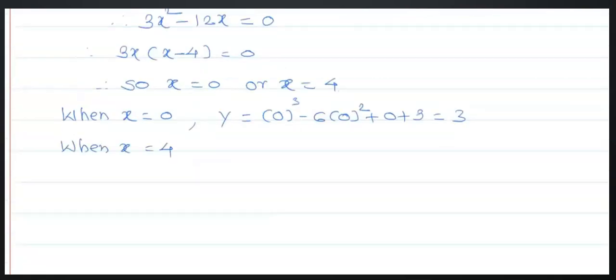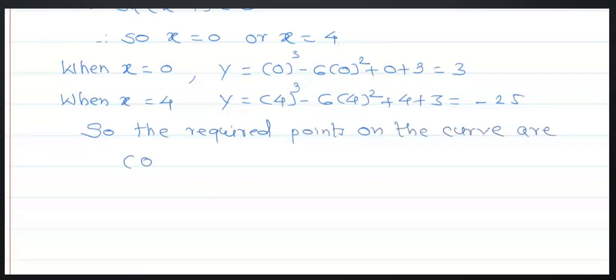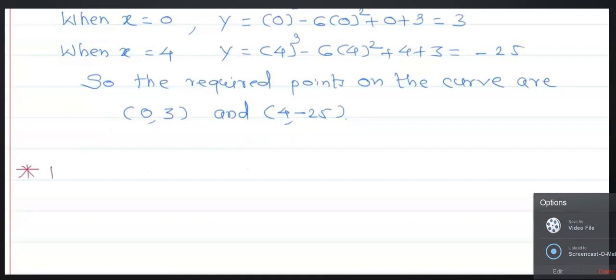And when x equals 4, substitute x equals 4 in the equation of the curve, then you will get minus 25. Therefore the required points on the curve are (0, 3) and (4, minus 25). These are the required points.